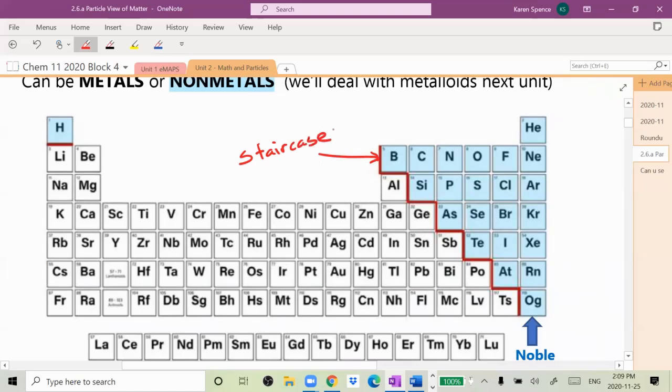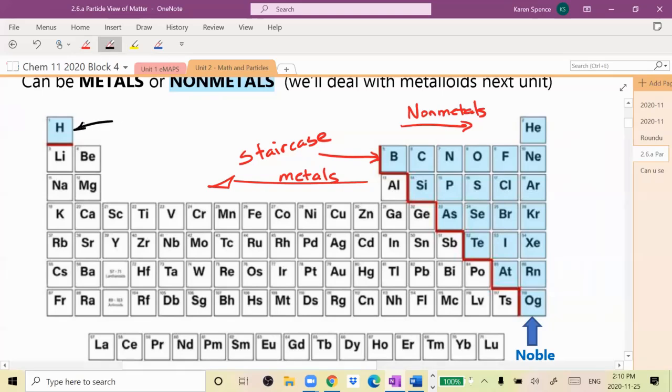Okay, if you don't, the non-metals are on the right of the staircase. And then the metals are everything to the left of the staircase, except who's special?